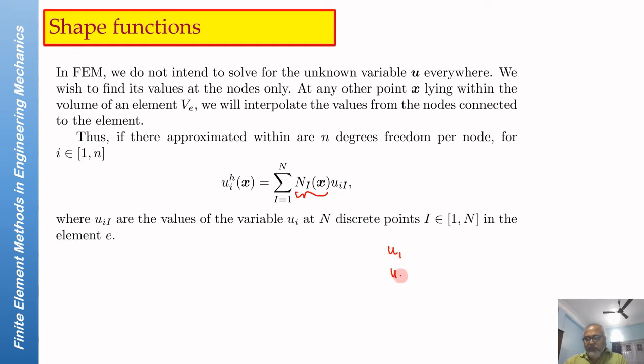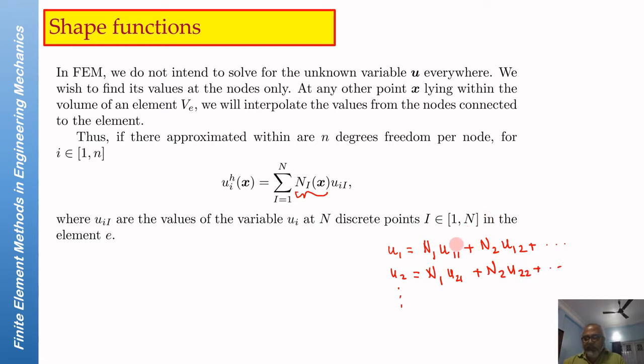So u1, u2, and so on are the degrees of freedom. Then each of these u's are represented as N1, let's say u11 plus N2 u12, and so on. This is again written as N1 u21 plus N2 u22, and so on.